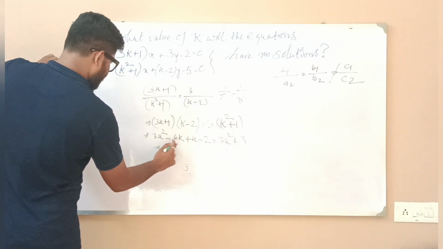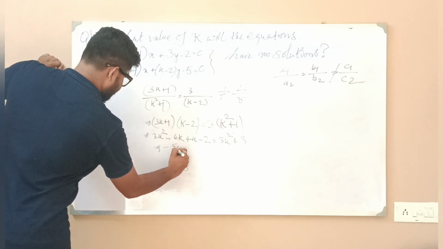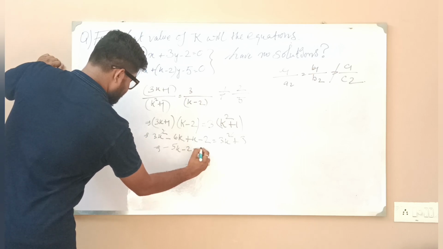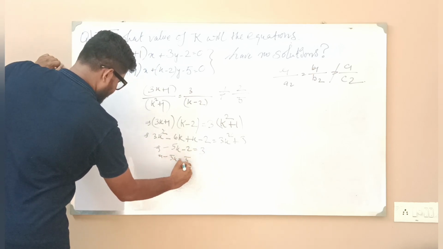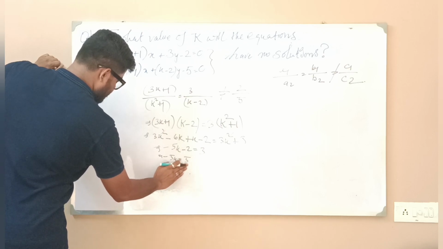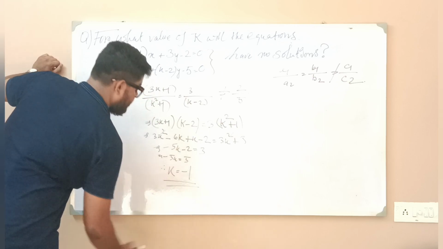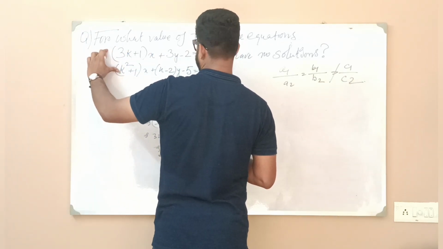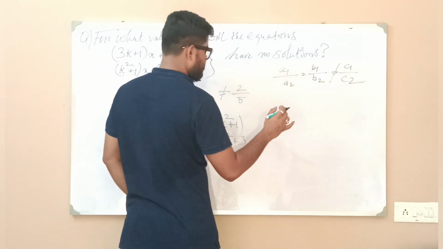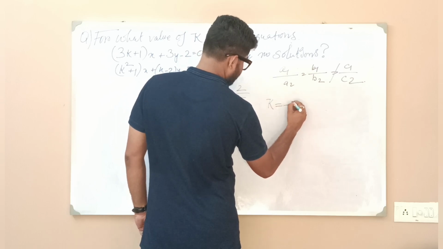Now minus 6k plus k will give you minus 5k, minus 2 equals 3. So minus 5k equals 5, so the value of k will be minus 1. So these two equations will have no solution if the value of k is minus 1.